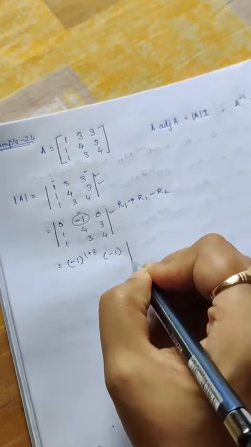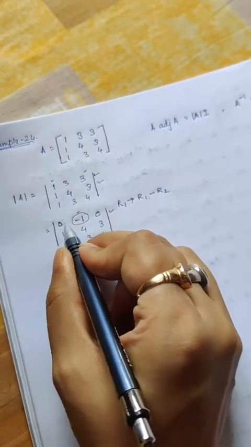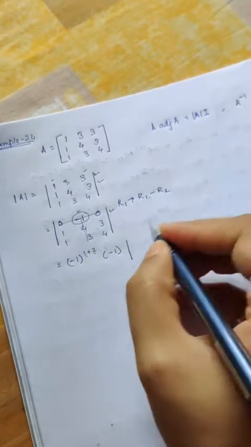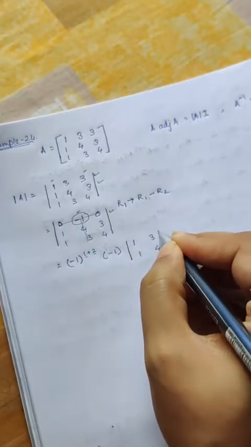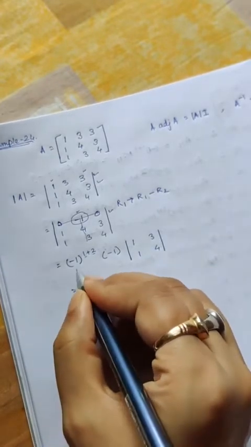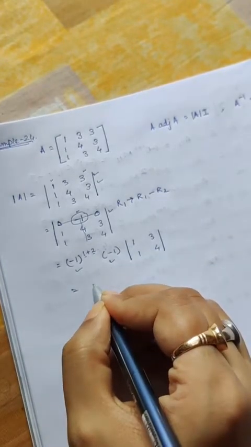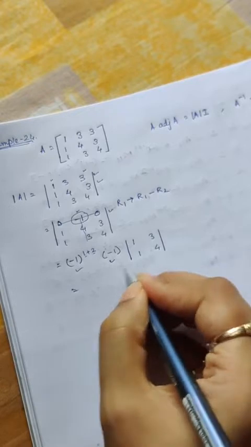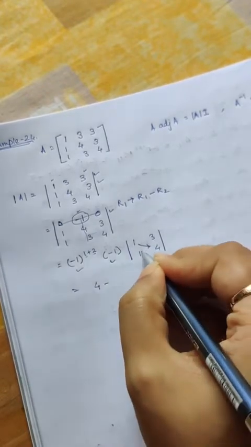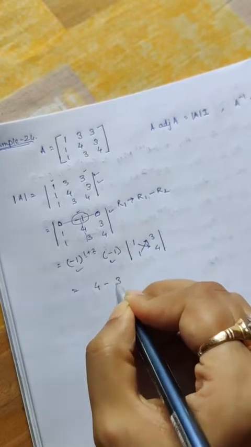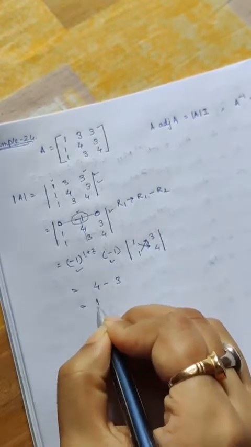Then we write the determinant excluding the first row second column, so the remaining elements 1 3 1 4. From these two we will get plus 1, and from here 1 into 4, 4, minus 1 into 3, 3. So our answer is 1.